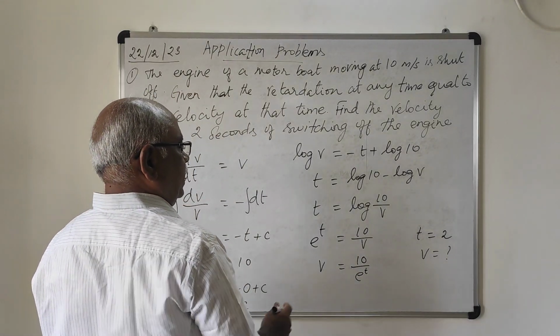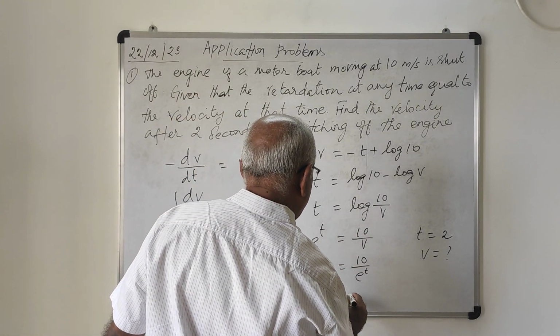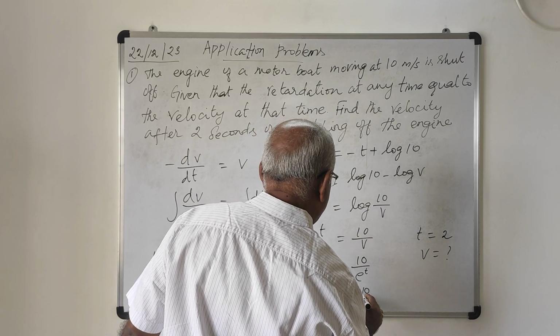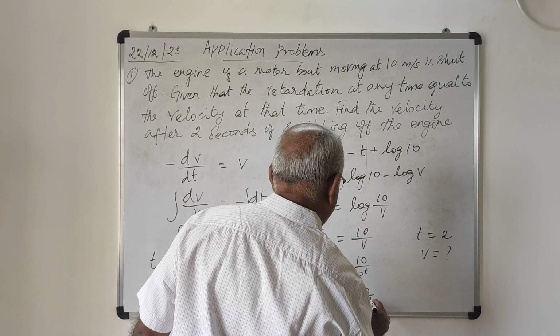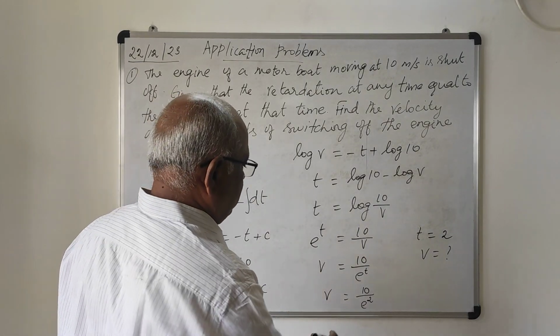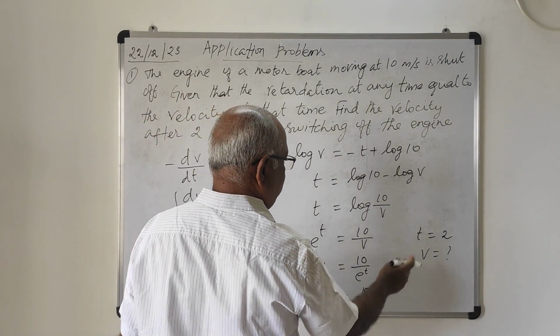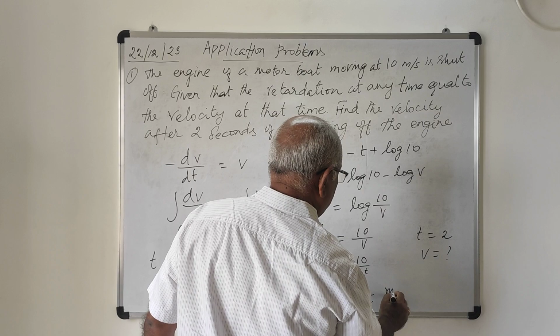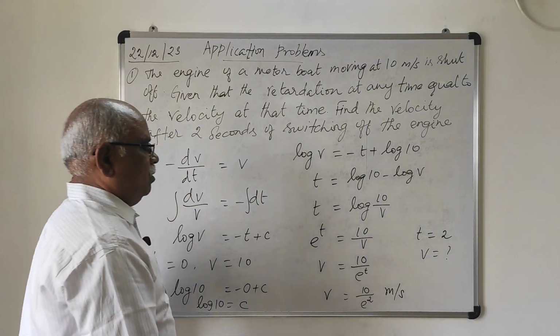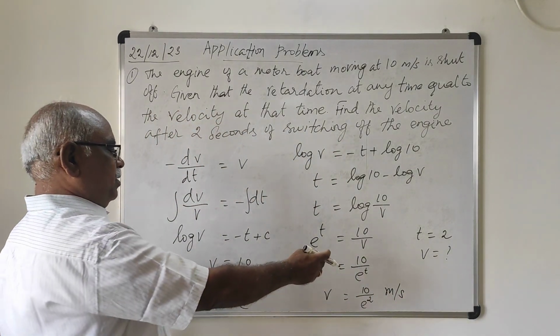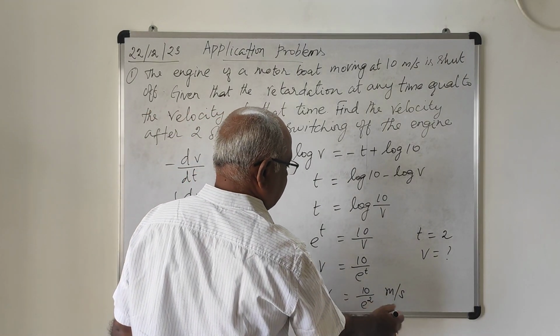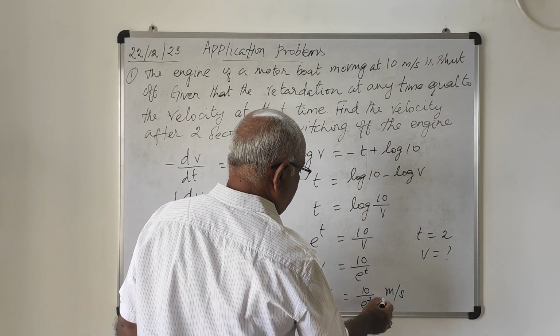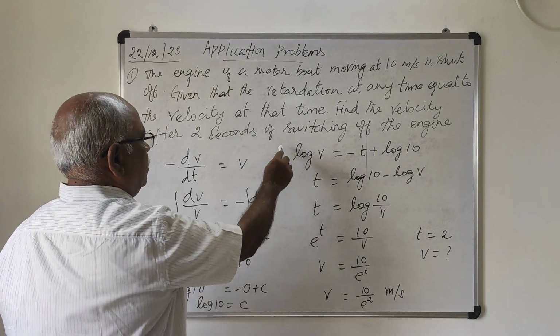Putting t equal to 2, we get v equals 10 by e square. Answer: the velocity after 2 seconds of shutting off the engine is 10 by e square meters per second.